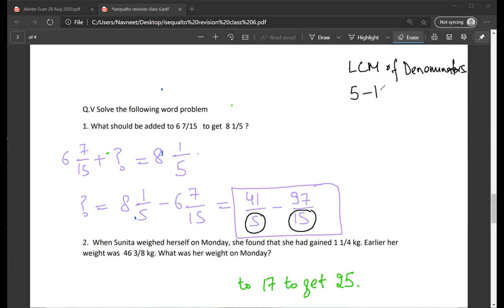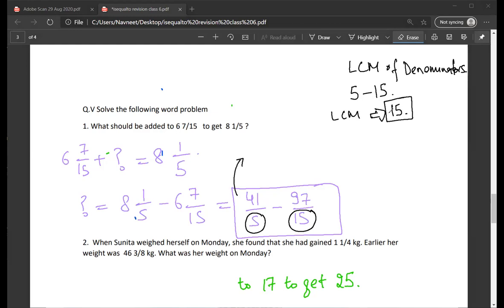So the denominators are 5 and 15, and the LCM that I got was, Mr. Sarthak, 15. Now, Mr. Satya, what you need to understand is that 41 by 5 and 97 by 15 should be reduced to fractions whose denominator is 15.